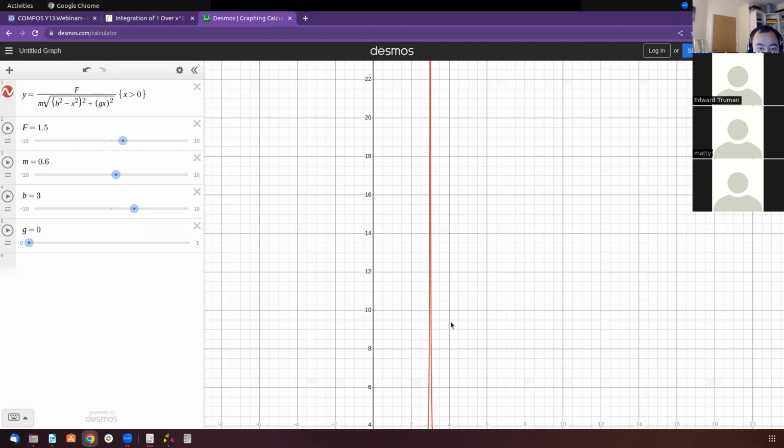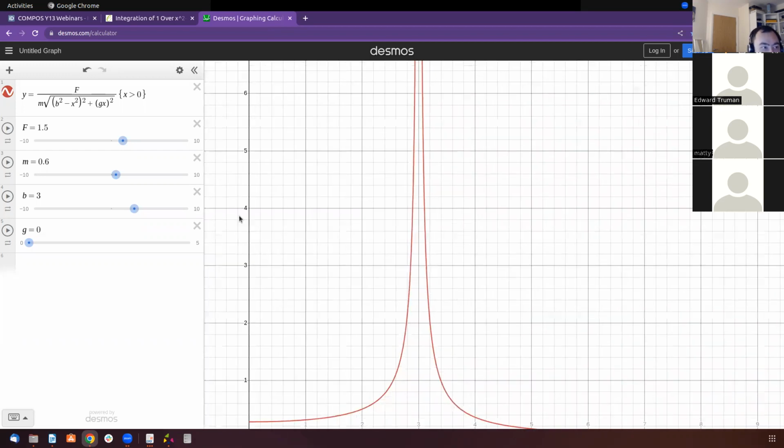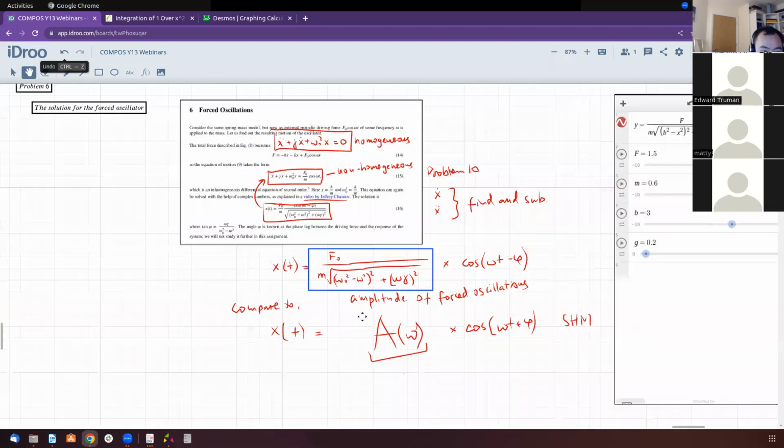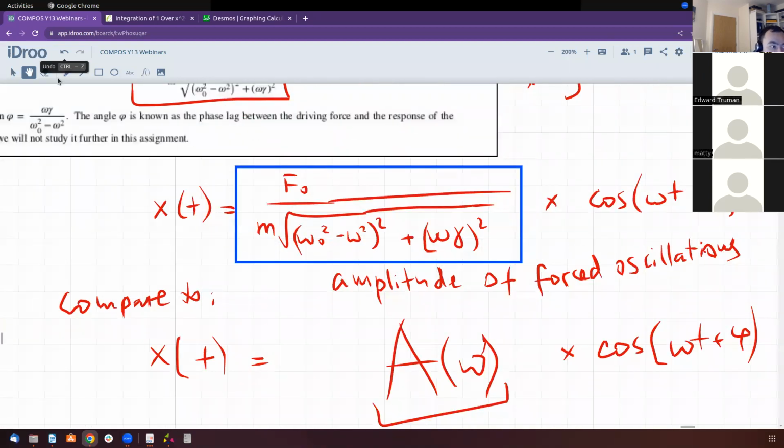It goes to infinity, and this is easy to explain, because this thing is 0 and this is 0, so it's division by 0.